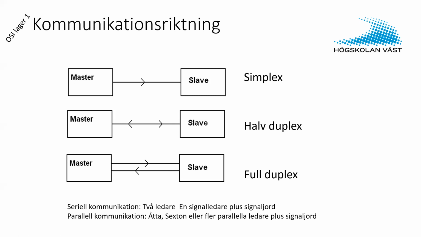So parallel used to be really a fast way of communicating, but actually more and more communication today is serial, because you can actually make it work simpler with higher frequencies when you do serial. So serial very often wins over parallel today.